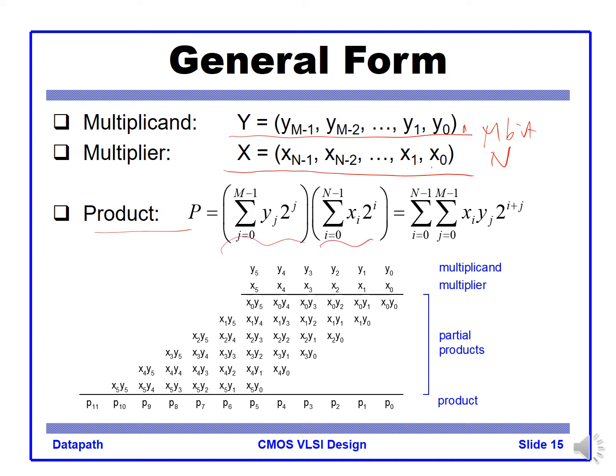Since this is binary representation, we use the weighting factor 2 because of the binary. This is y and this is x, right? So multiplying y by x will be like this. This is a kind of partial product generated, right? And we have to add them all.